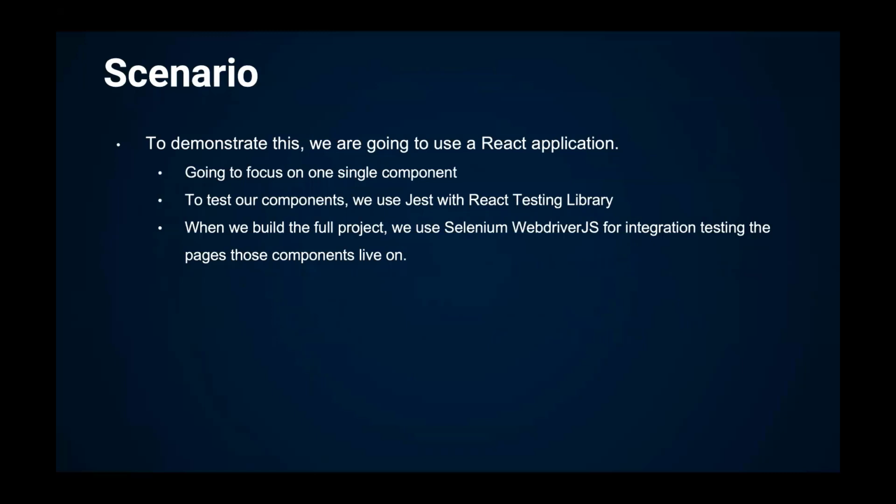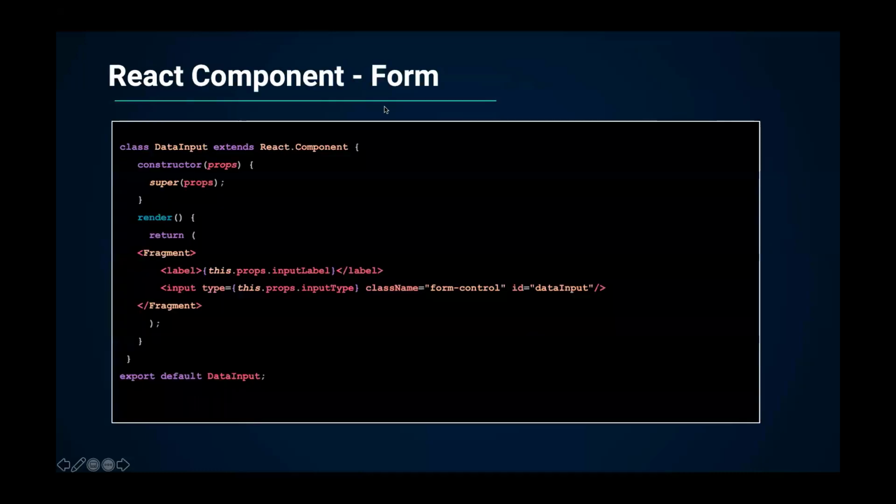So here's the scenario. We're using a React application, and we're going to focus on one single component in it, a data input component. To test that component, we're going to use Jest with React Testing Library for our component functional testing. And for our integration testing, we build out the React application and use Selenium WebDriver.js to see those components tested on the page. My actual form component is called data input.